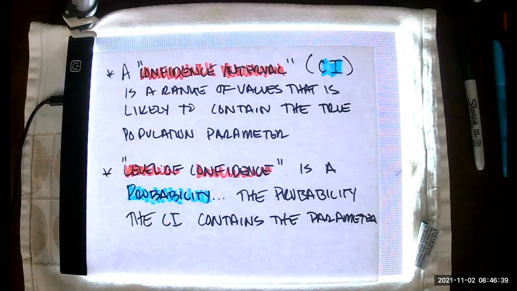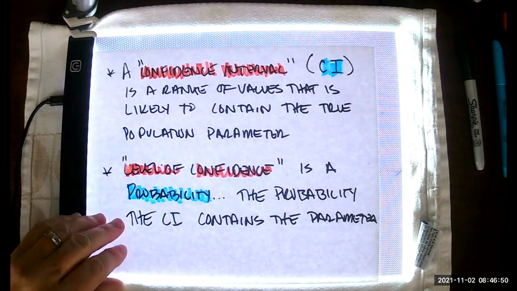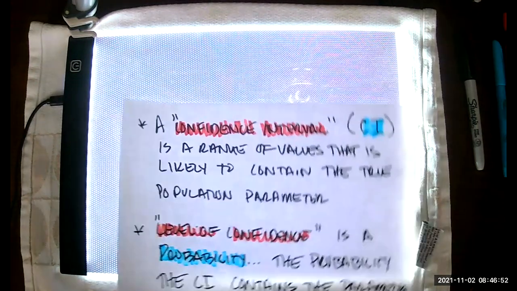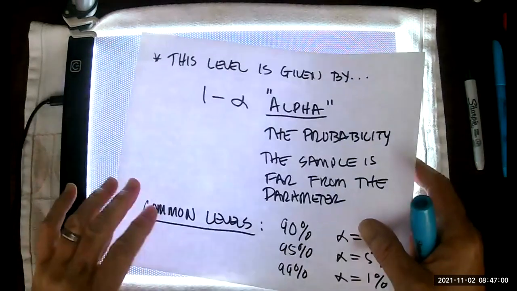And we need to know how confident we are in that particular interval. So we define something called the level of confidence. And this is a probability. And it is the probability that the confidence interval contains the true parameter. So we're going to end up with a range of values and a probability that the range of values is correct.